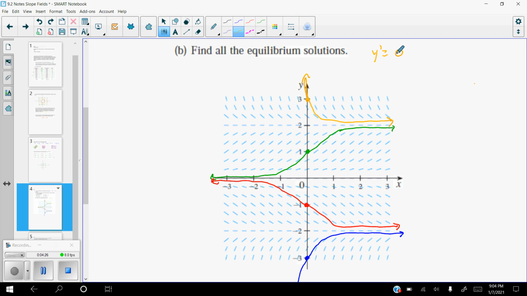On our slope field, we have an equilibrium solution when y equals 2, when y equals 0, and when y equals -2. Those are our equilibrium solutions. Again, they are simply places where the derivative is always 0.